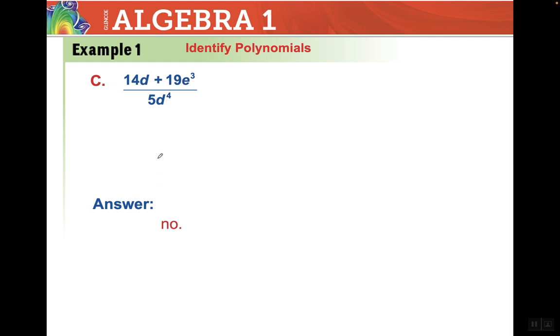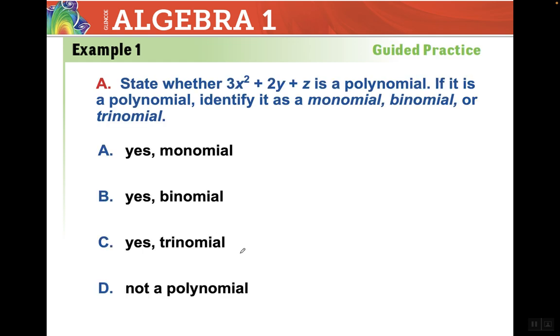Okay, this one's not a polynomial, and it's because there's a variable in the denominator. So when it's not, you can just write no. This one is just one term. The degree is 2, so it's a monomial. All right, you get to try this one on your own. You can pause it.